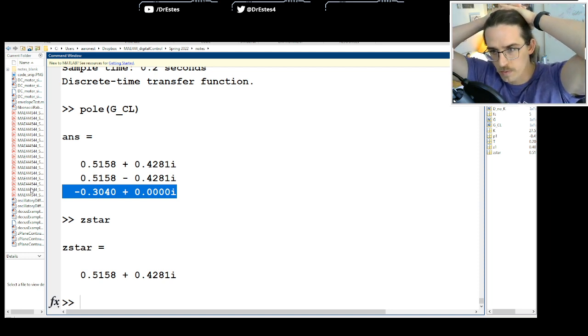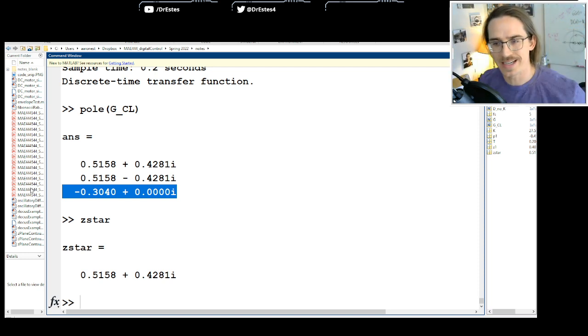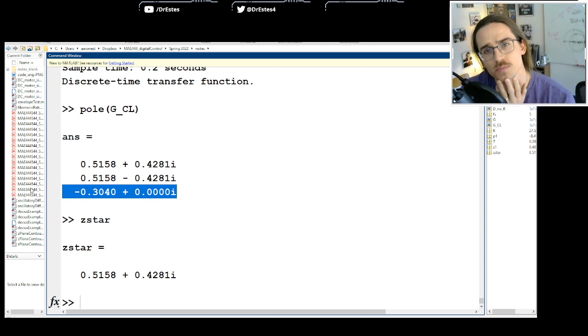And it's on the negative real axis. And it's a purely real root, but we know that a root on the negative real axis has some unfavorable behavior, like it creates this sawtooth signal.